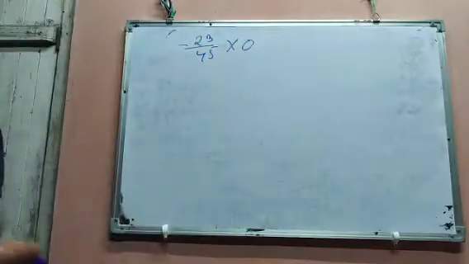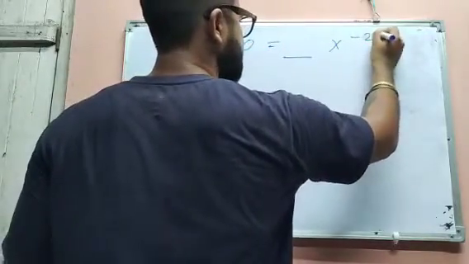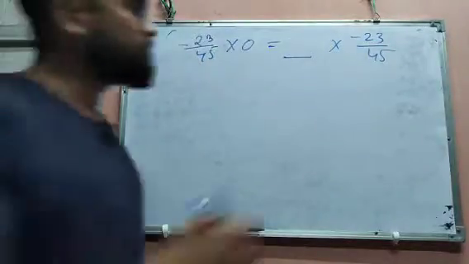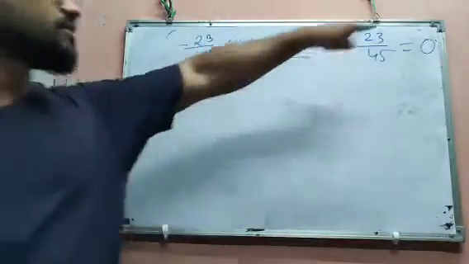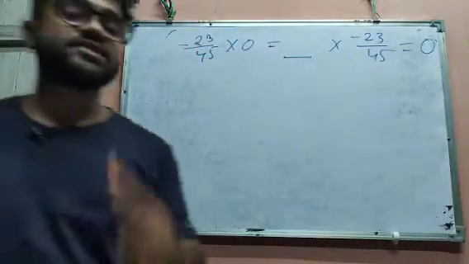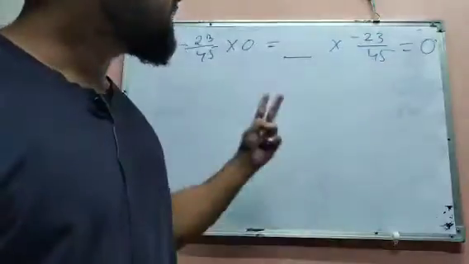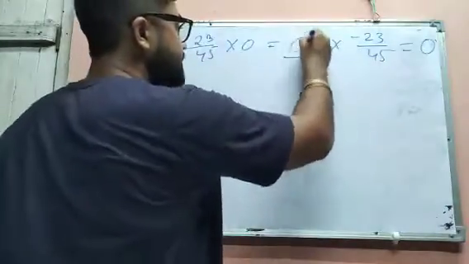Or you can be given like that, fill in the blanks: minus 23 by 45 into blank equal to 0. So we have to put such a value so that this will be equal. Clearly it is the zero property. When a rational number is multiplied with 0, then the answer will be 0. So we have to put here only 0.